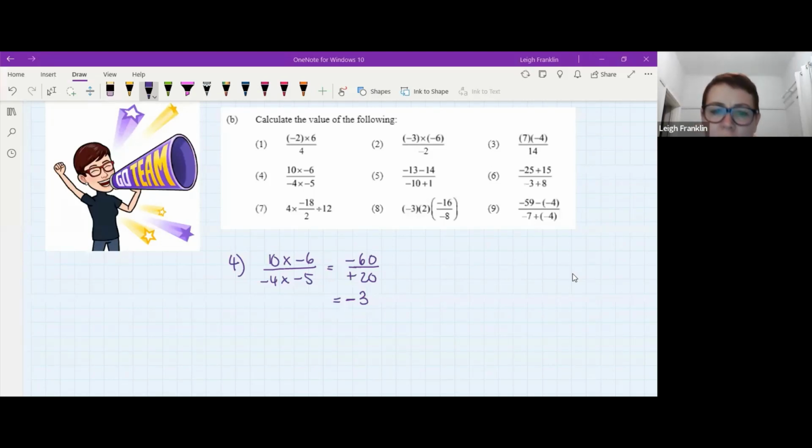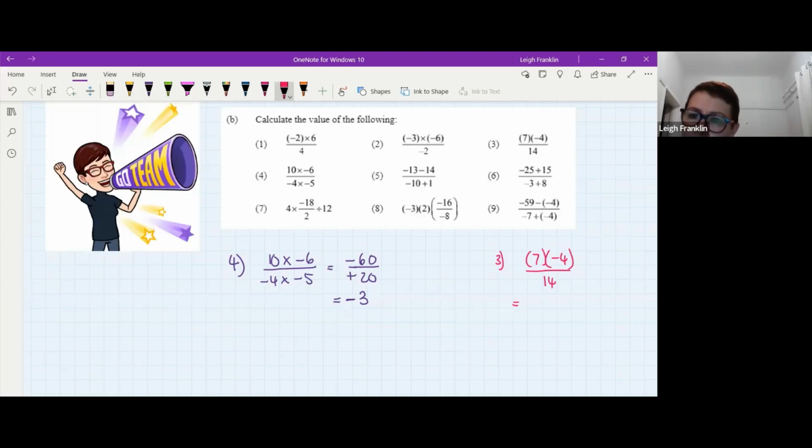Ma'am, I have a question for number 3. For number 3, would I have to say 7 minus 4? No, brackets don't mean minus. What do brackets mean? Brackets mean multiplication.